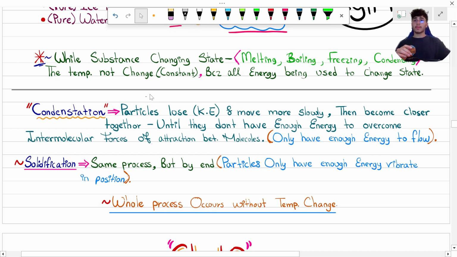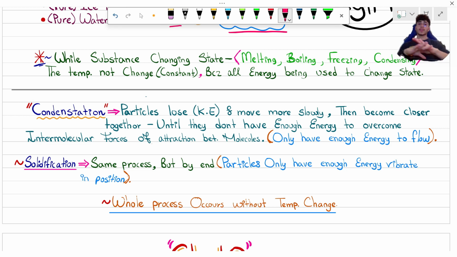Now let's have a brief look at a few of these states. First, condensation and solidification. During condensation, particles lose kinetic energy and move more slowly. They become closer together until they don't have enough energy to overcome the intermolecular forces of attraction between molecules. They only have enough energy to flow. Solidification is the same process, but by the end, particles have only enough energy to vibrate in position.